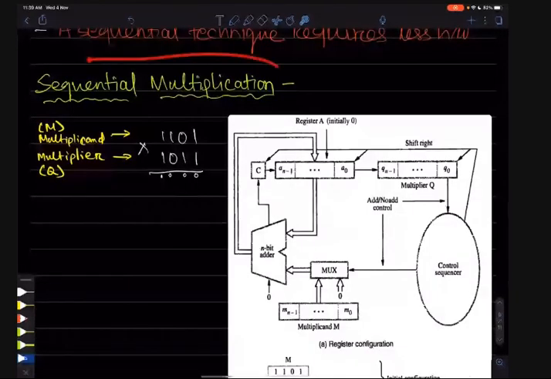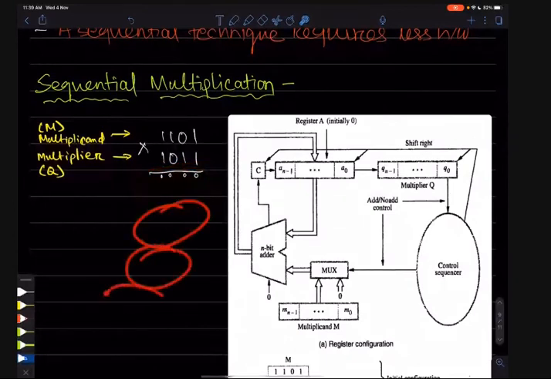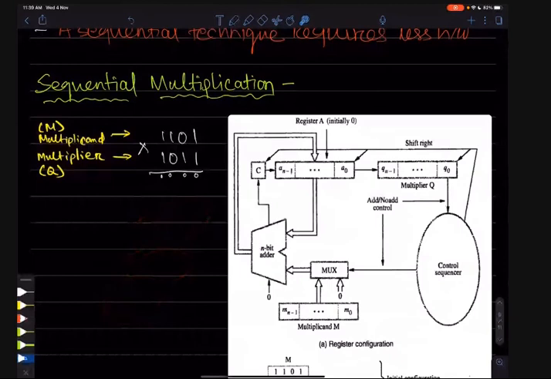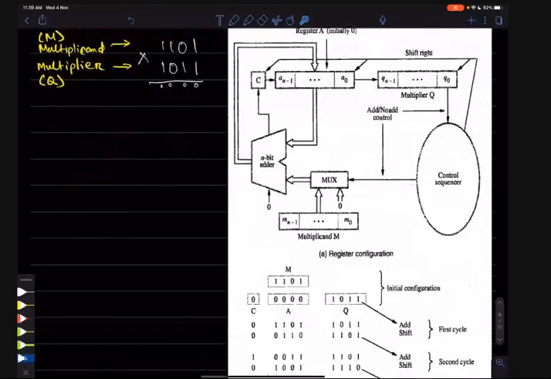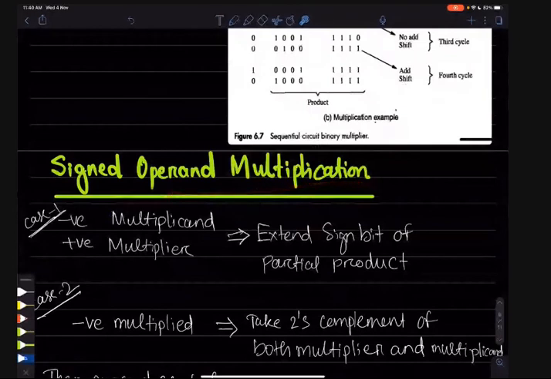We are doing sequential multiplication. Sequential multiplication means step by step multiplication, like we do in our mathematics. We are doing it in the hardware arrangement also, the same type, one by one multiplication. After this multiplication is done, we will go for signed operand multiplication.